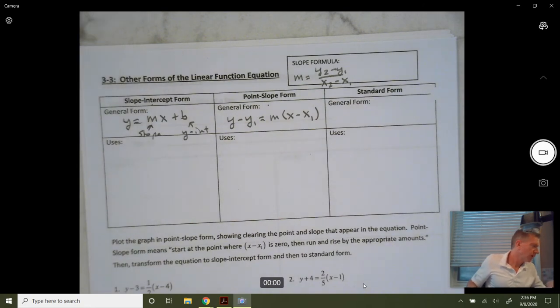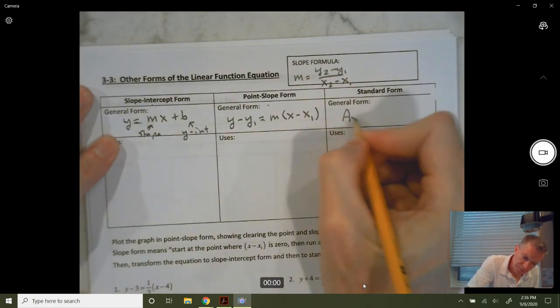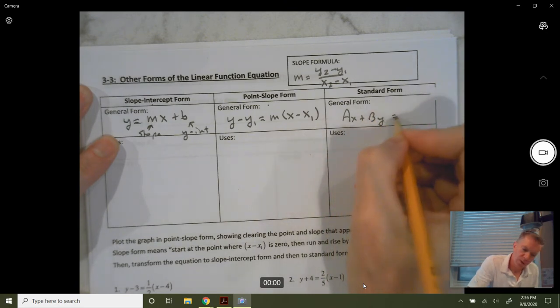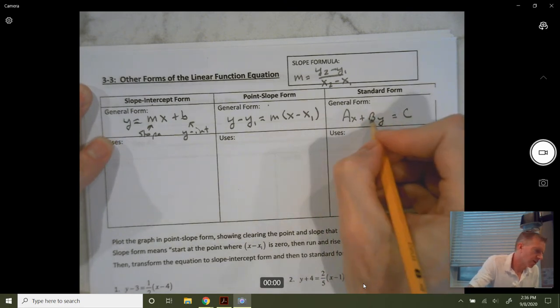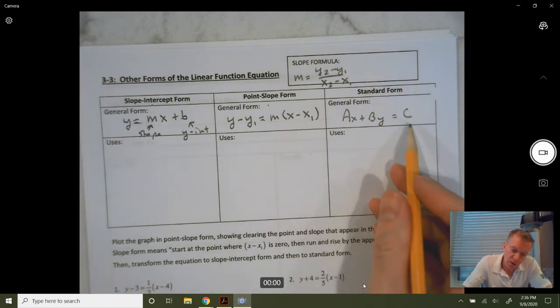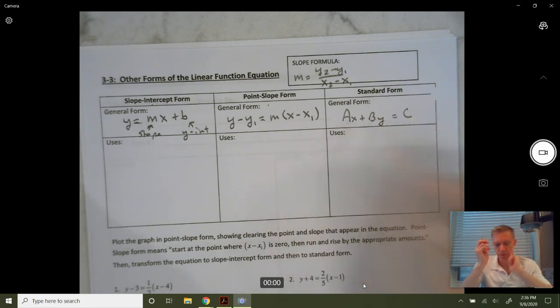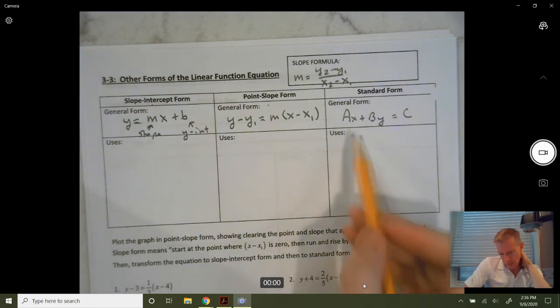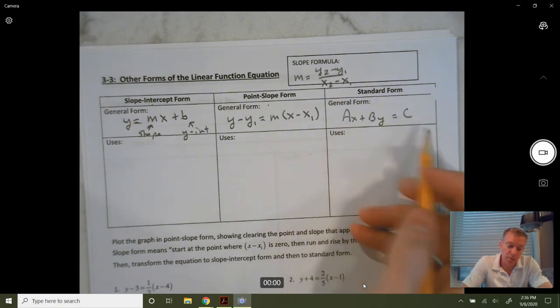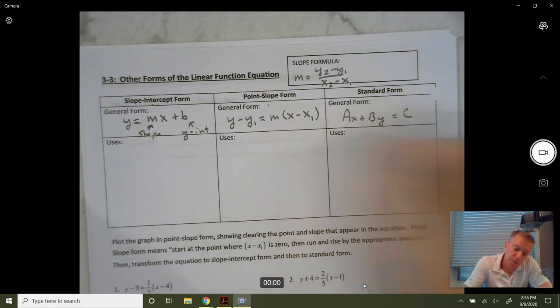Okay. And then finally, the last form we're going to talk about is general form. And general form is ax plus by is equal to c. Okay, where a, b, and c stand for constants, and typically we want them all to be integers. They don't have to be, but I might specify they should be integers, and your a value should be positive.